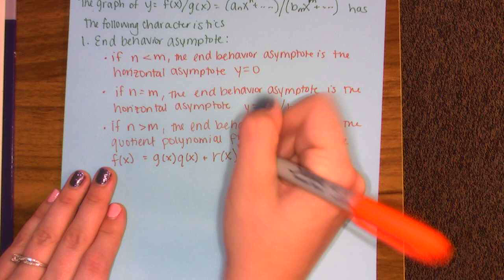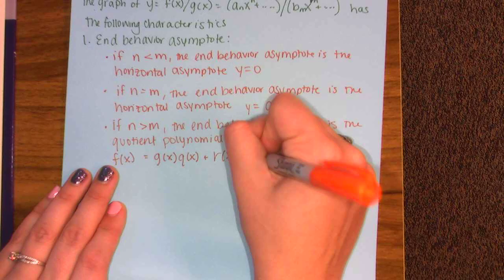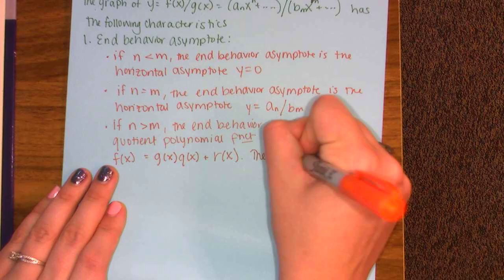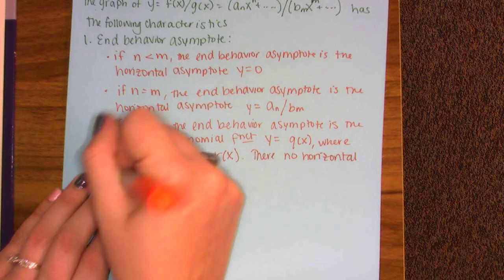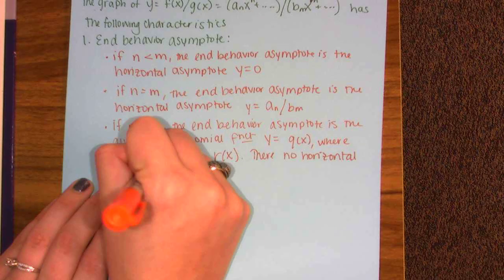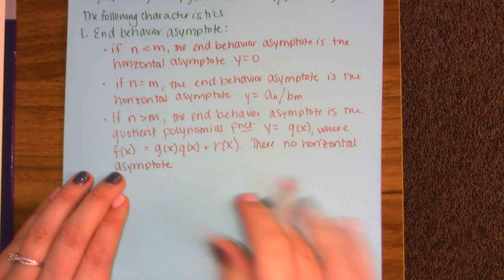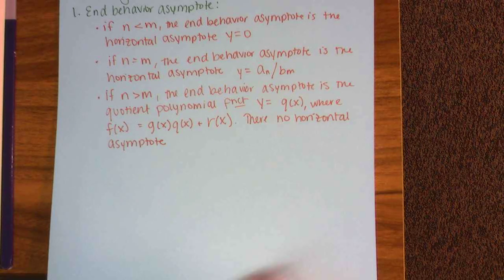Hopefully that looks familiar. There is no horizontal asymptote. So that's all for end behavior. So you have the different cases, at least there's only 3 of them: n less than m, n equal to m, and n greater than m.